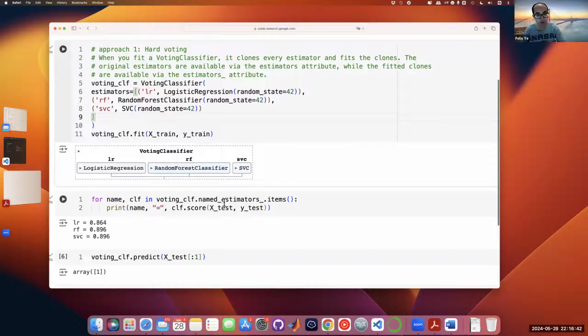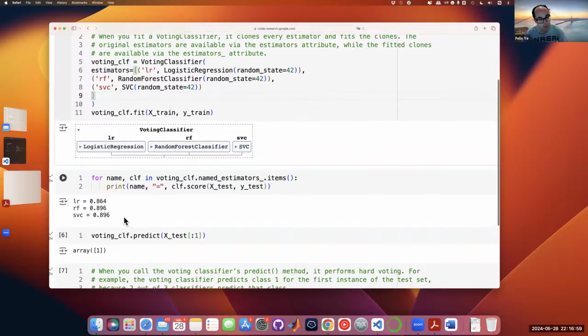And you can see for each learner on the testing data set, we are getting 86%, 89.6%, and 89.6%. So they have slightly different variation here.